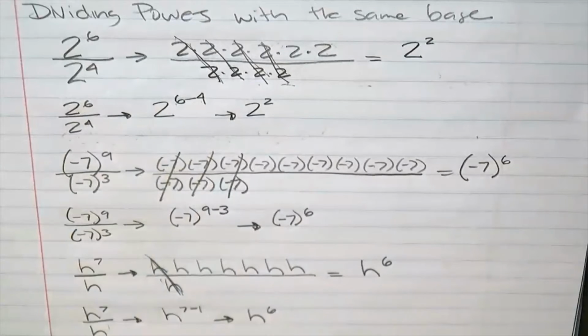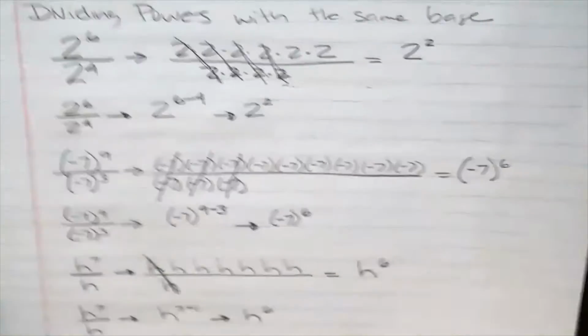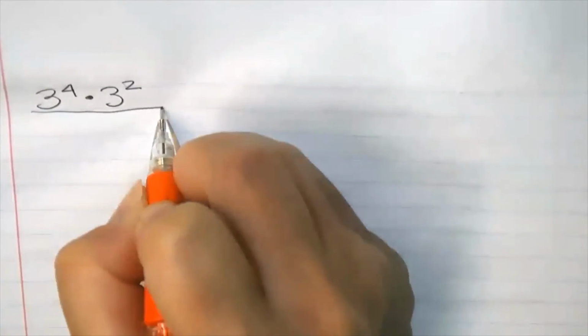Well, that's all fine and dandy, but how do we put this into use? How does this apply to algebra, you ask? Okay. Well, we have 3 to the 4th times 3 to the 2nd all over 3 to the 3rd.